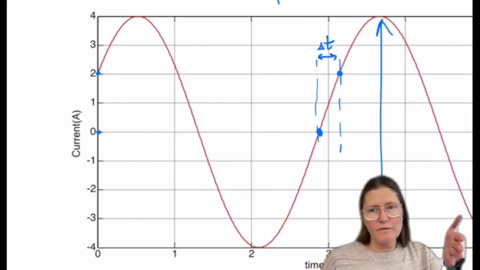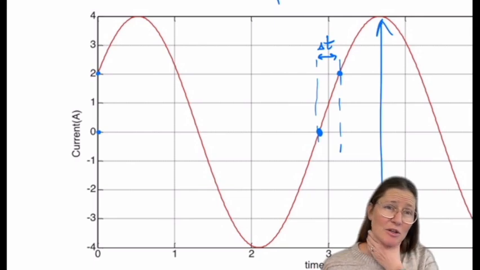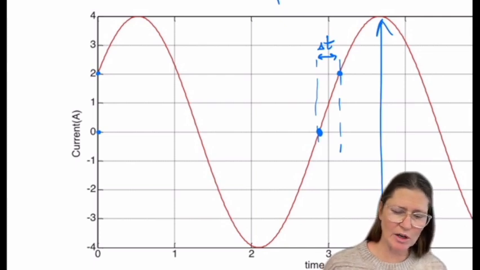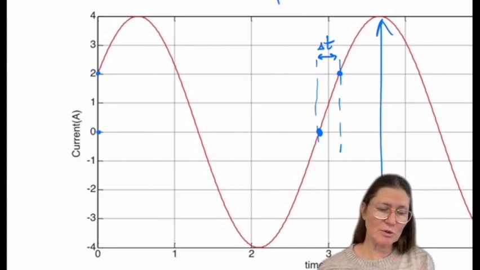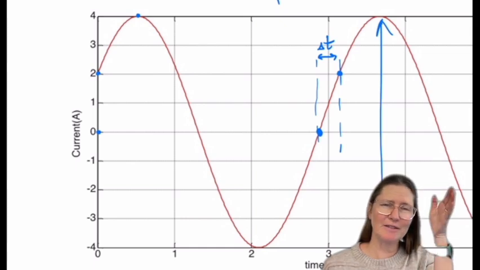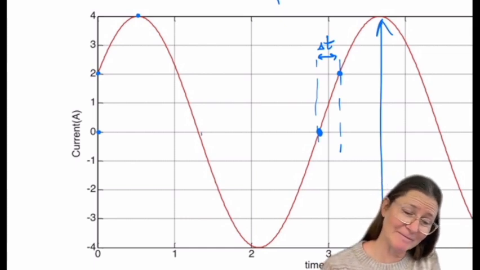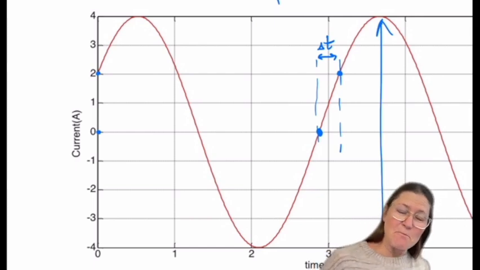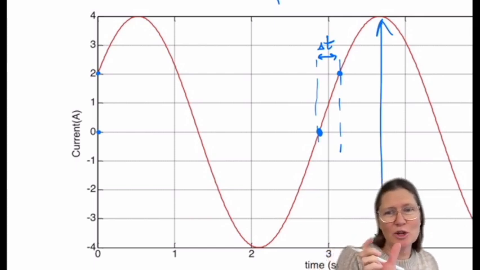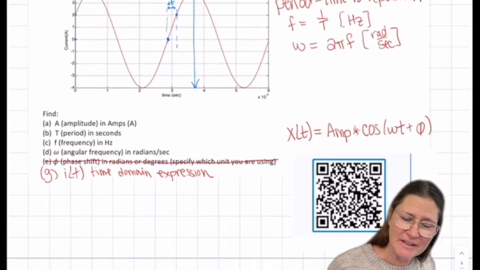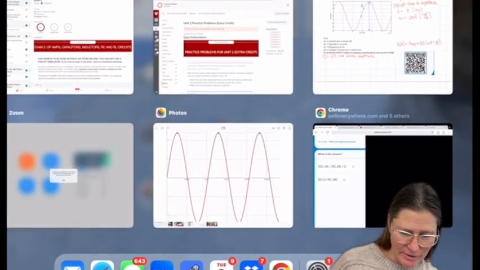If it shifted by 90 degrees, instead of starting at 0 here, it would have peaked right here at the top. Anyway, that delta t shift is what you use to find the phase change. This is not a good example of the sinusoid, so let me pull up another.